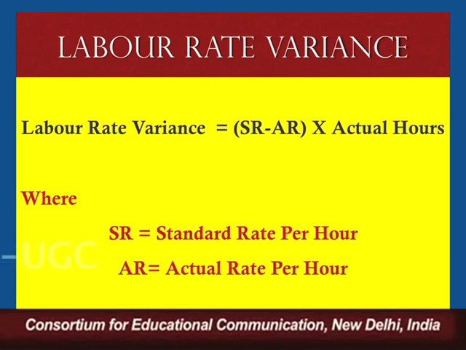We are multiplying it with the actual hours, whereas in case of material price variance, we were using the actual quantity. Here we need not take the quantity, we have to take the actual hours, because in terms of labor we are making use of the workforce in terms of hours only. So that is why the formula goes like labor rate variance is equal to standard rate minus actual rate into actual hours, where SR stands for standard rate per hour and AR stands for actual rate per hour. So this is the formula for labor rate variance.